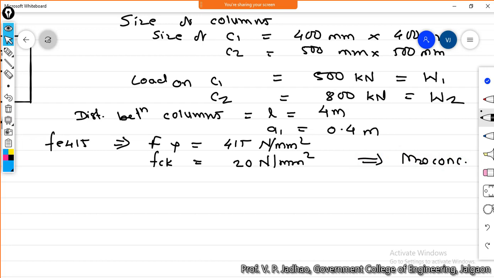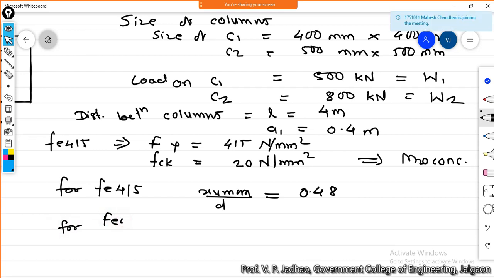Okay, now we know that for Fe415, we have XU max upon D, that is this ratio, equal to 0.48. We also know that for Fe415, we have this Ru. This value is given as 0.138 into FCK.